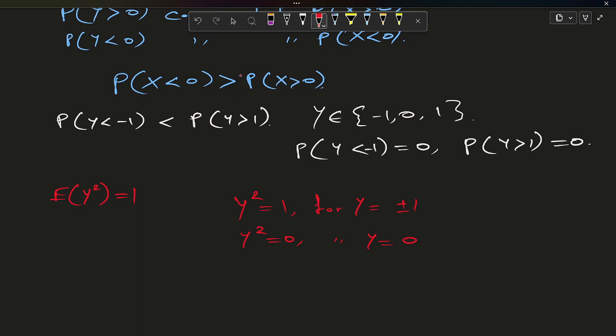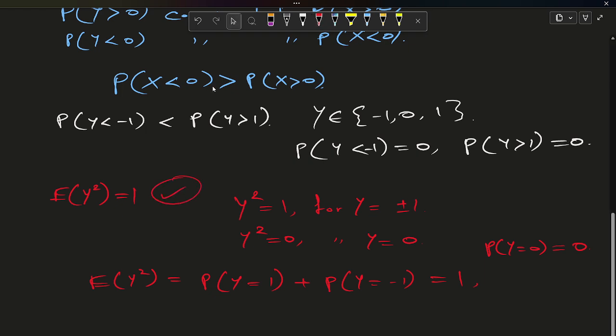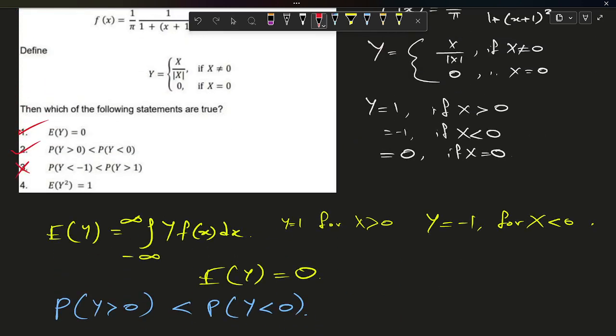Thus expectation of y square is probability of y equals 1 plus probability of y equals minus 1. So that will be 1, because probability of y equals 0 is 0 for a continuous random variable x. So this statement is true, and option D is also a correct statement.